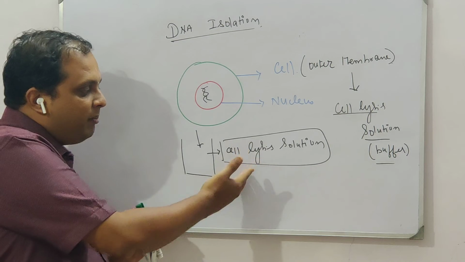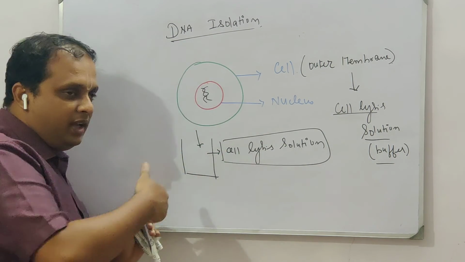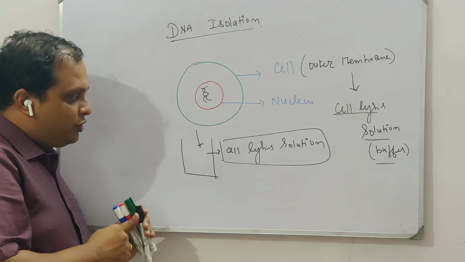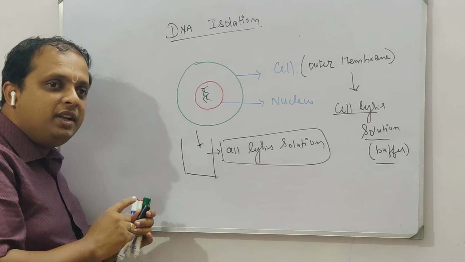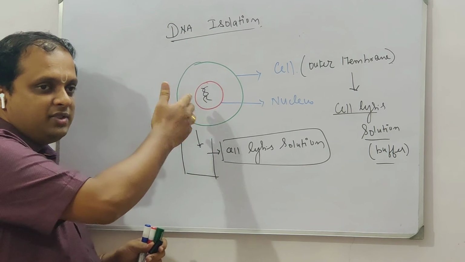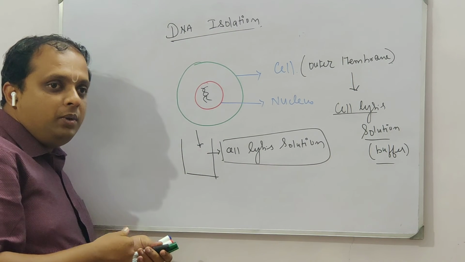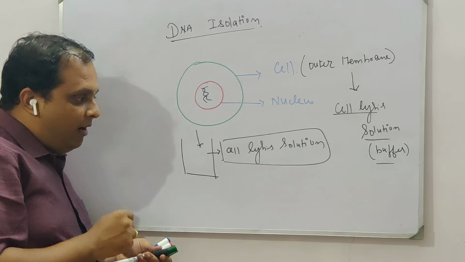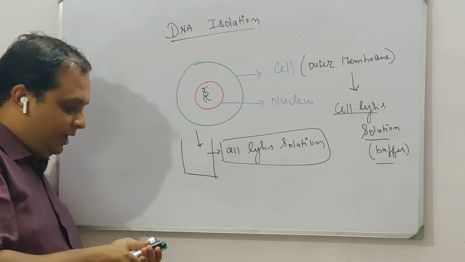So we are going to provide a buffering capacity for this solution. Once you add this, your DNA comes out. Your lysed cell will not only give the DNA, but also the organelles, proteins, everything, because a cell generally has lots and lots of components. Every component will get out of the cell, but our idea is to target only the DNA.